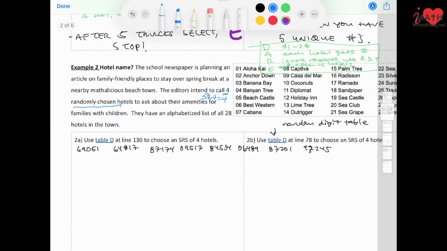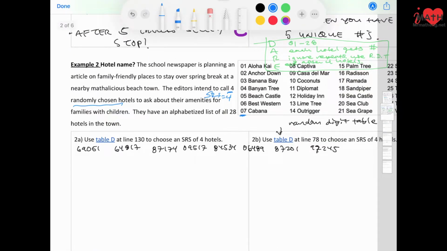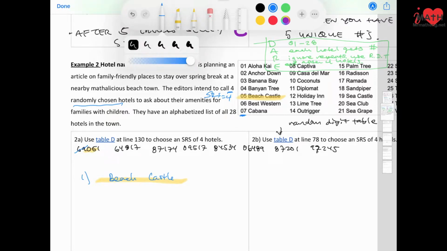And so, okay, notice that these are double digits for the hotels. So 69 is not a hotel, but 05 is a hotel. So that's hotel number 1. Let me write that. Beach Castle. Okay, let's keep going.